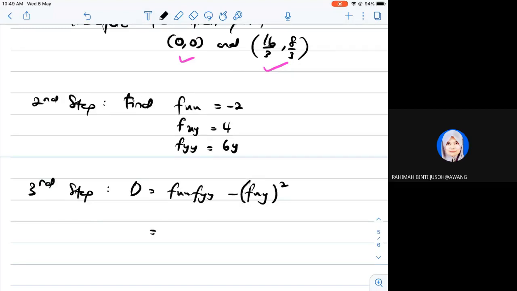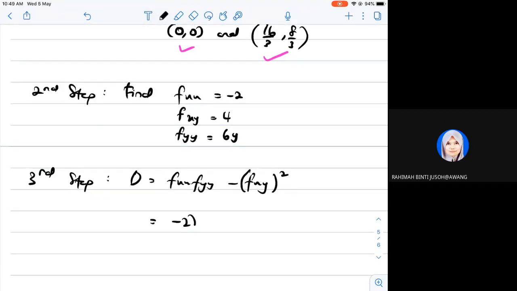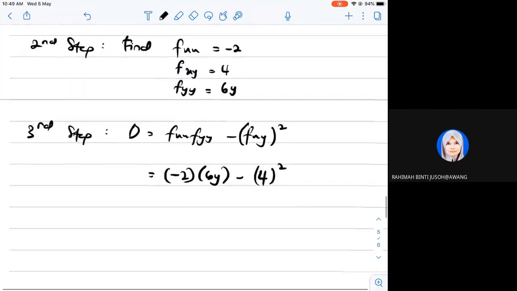Okay, so now fxx adalah negative 2. You darabkan dengan 6y. Finally ada juga variable dalam ni. Okay, good. So minus 4 squared. Negative 2 darab 6y tolak 4 kuasa 2. So we will get negative 12y minus 16.